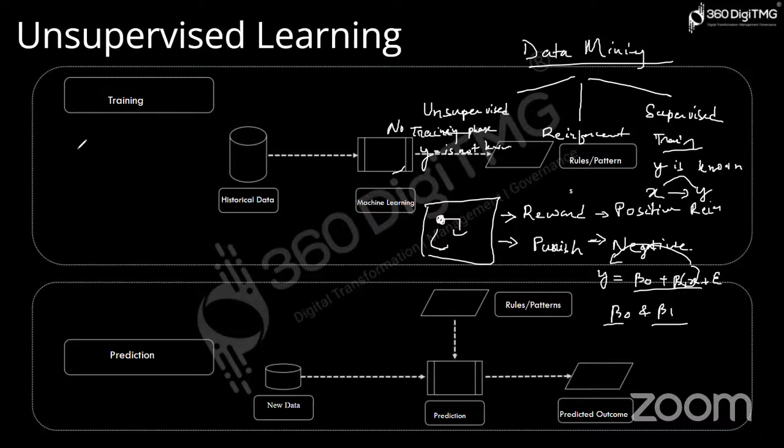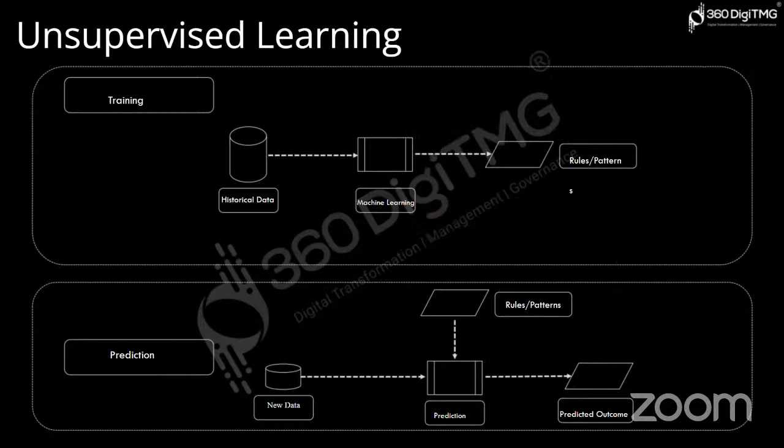In the unsupervised model, we just have a data set. Measuring the similarity between the data, we try to cluster them together, group them together. So this is unsupervised learning, and supervised we discussed just now.